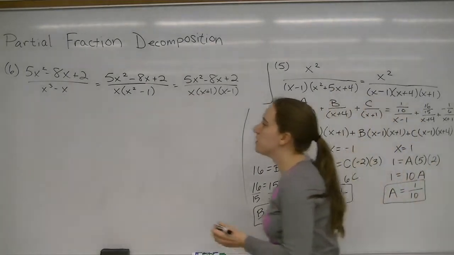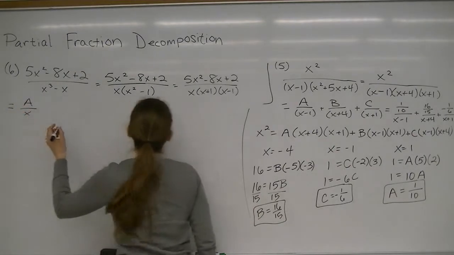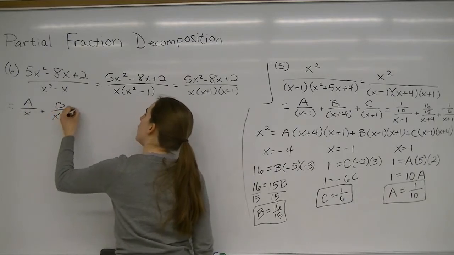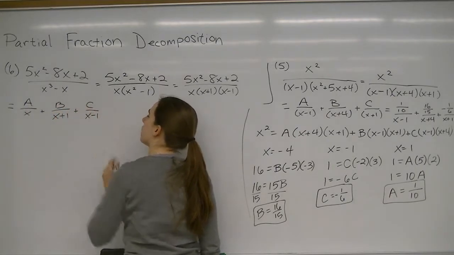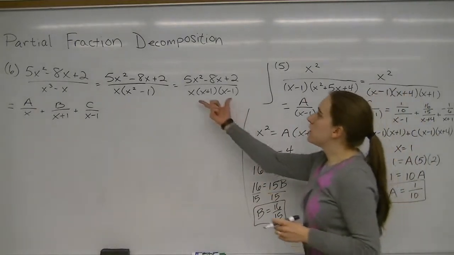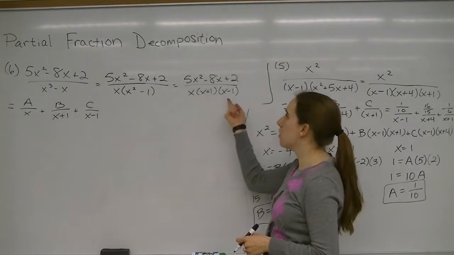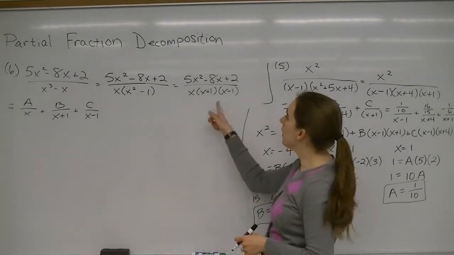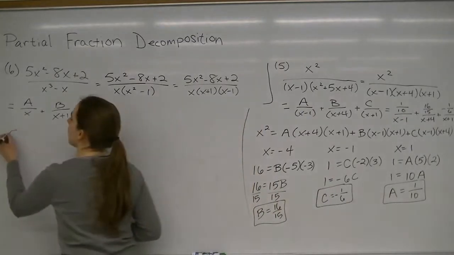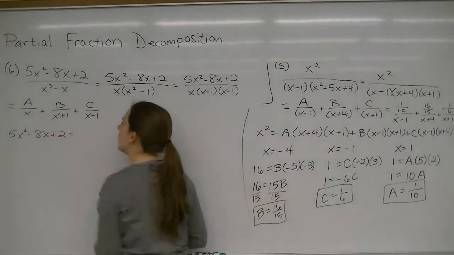So let's propose a decomposition. So I propose that we can take a over x plus b over x plus 1 plus c over x minus 1. So starting here, let's multiply all the pieces by x times x plus 1 times x minus 1. Here that'll cancel because the denominator is that. So we get 5x squared minus 8x plus 2.